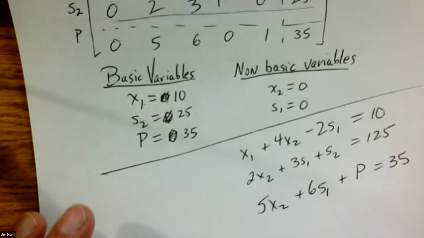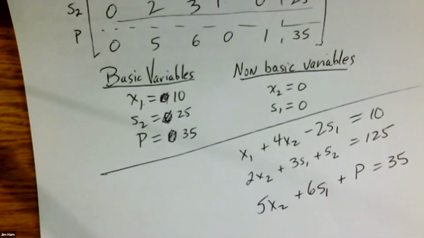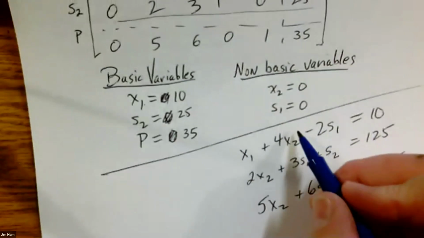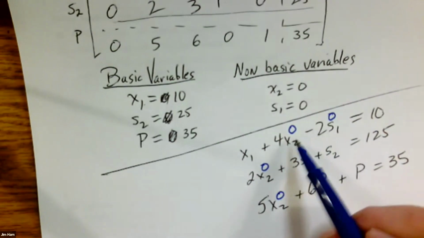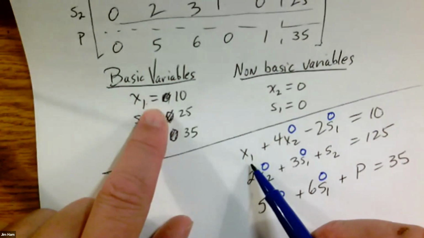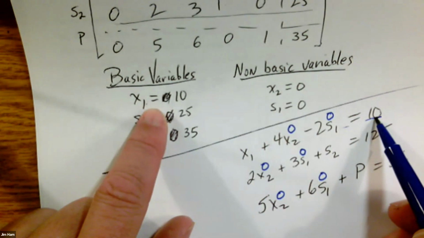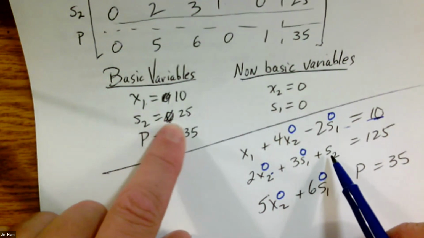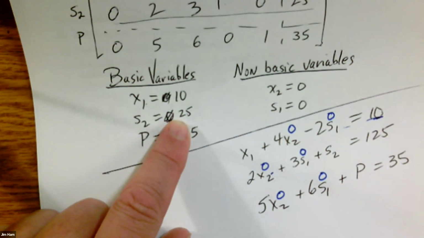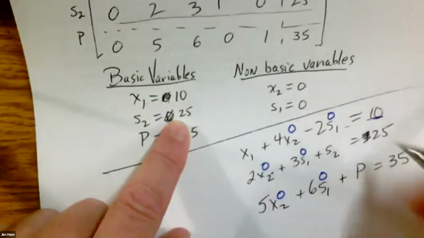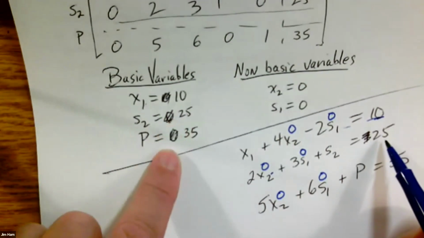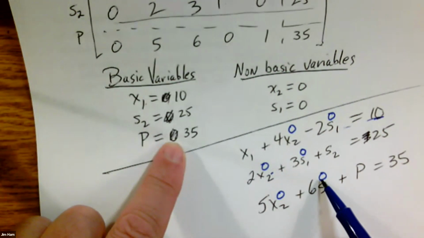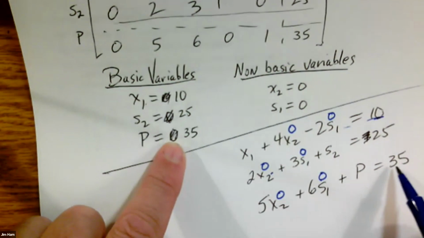So if we set the non-basic variables equal to 0, that is x2 and s1 are equal to 0, you can see that x1 is going to be equal to 10, s2 is going to equal 25, and reading the last equation here, when you put zeros in for x2 and s1, you get p is equal to 35.